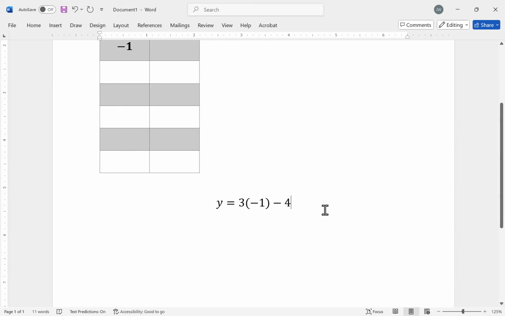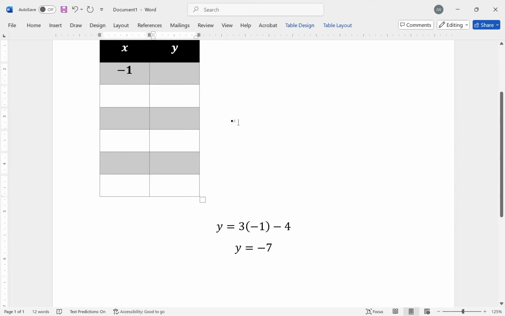And that gives me an equation in one variable that I can solve. This is pretty straightforward because solving this just means simplifying the right-hand side, and I get a -7. And so when I plugged in -1, the corresponding Y value was -7.